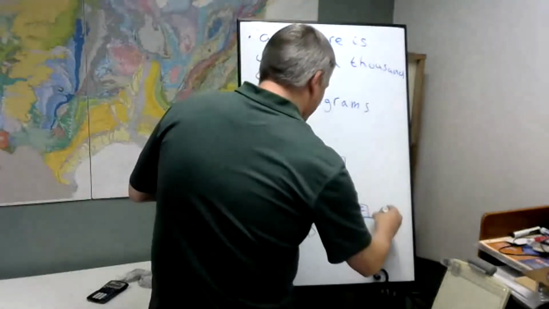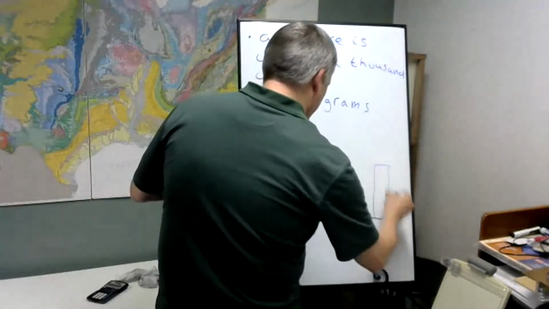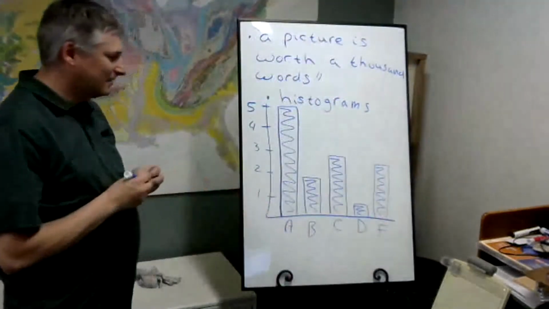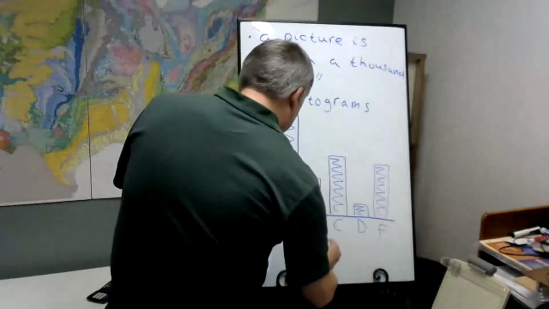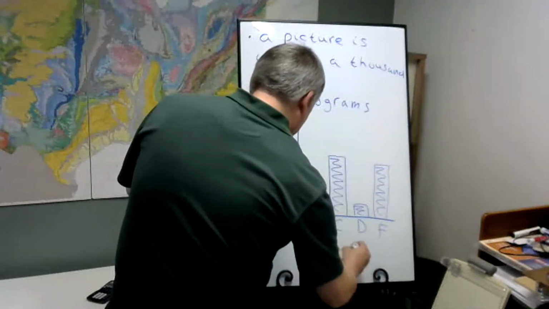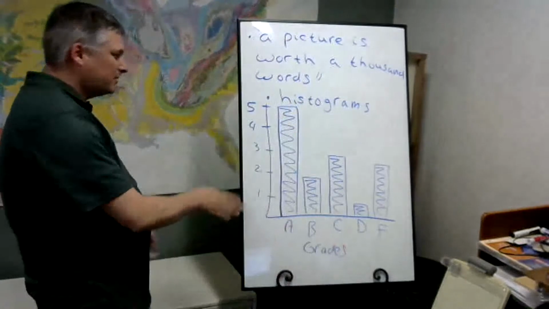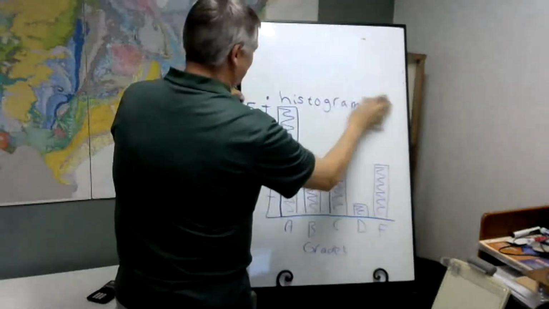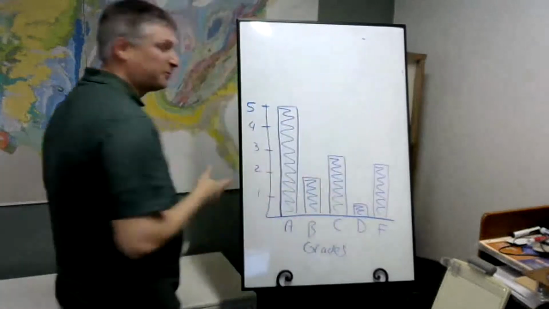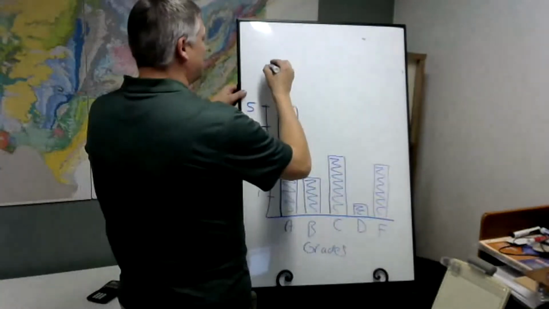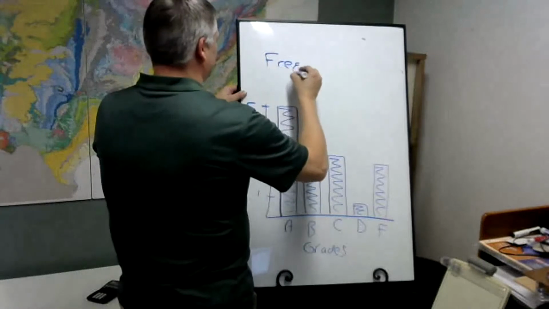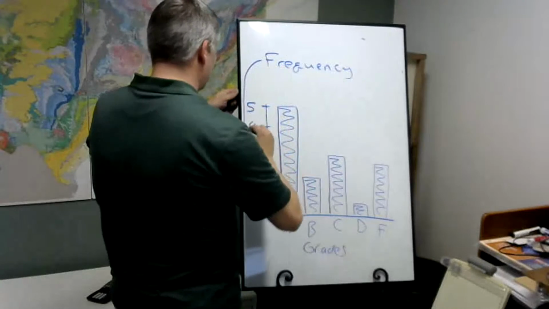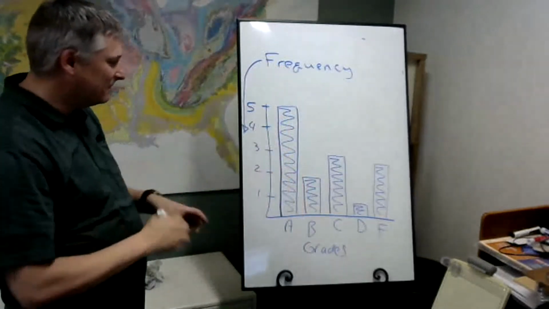D's. And finally F's. So we might label this grades. And usually would label on the side here, you might say frequencies, frequency. Put that off to the side.